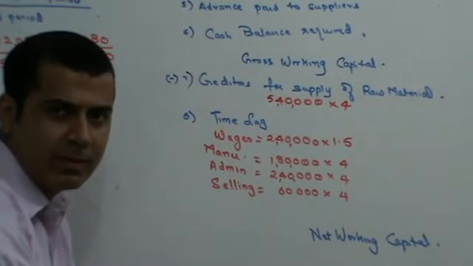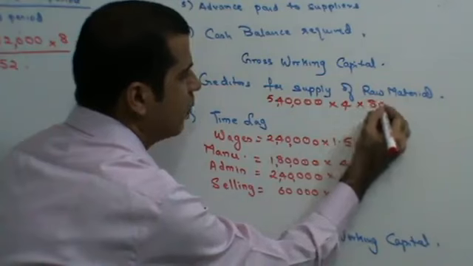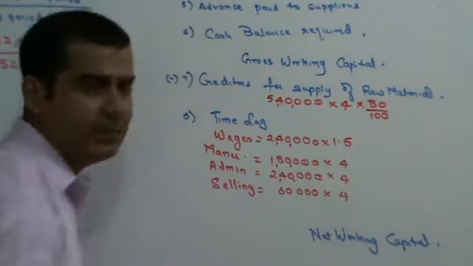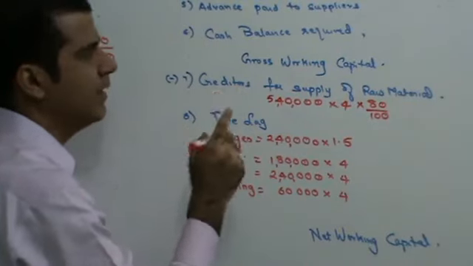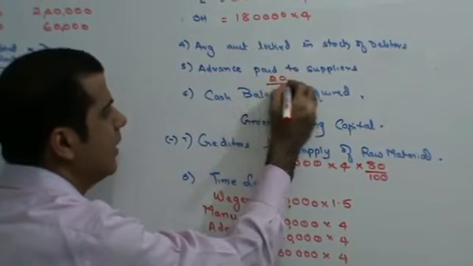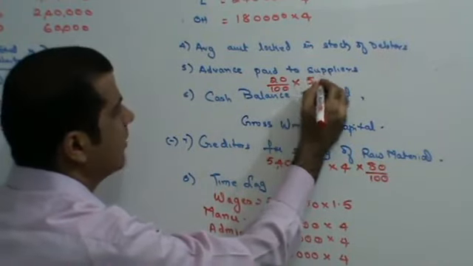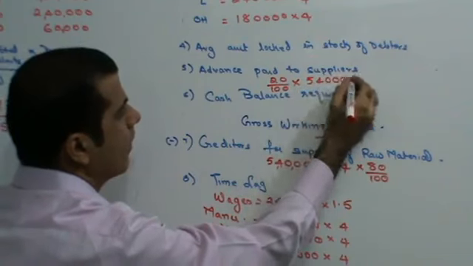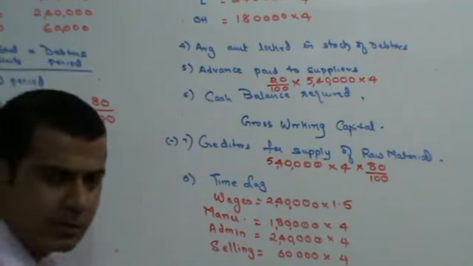Since 20% of the creditors have already been paid, the balance payment required to be made is 80%. So my advance paid to suppliers is going to be 20% of my raw material, that's 5,40,000, and they have been paid 4 weeks in advance. So into 4.